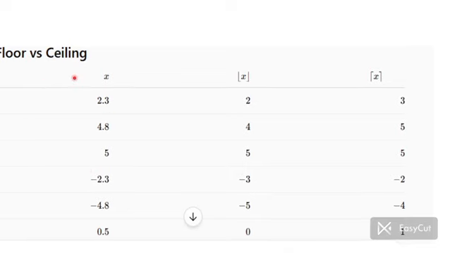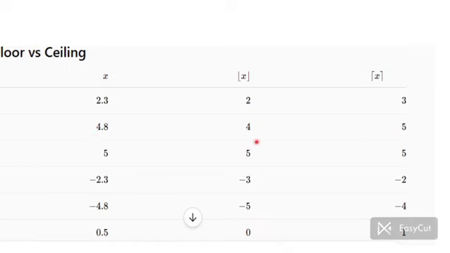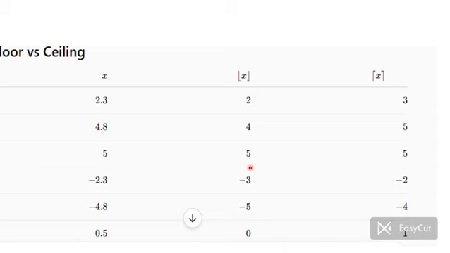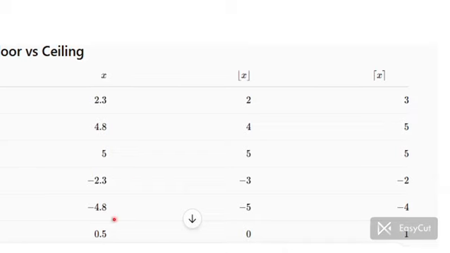Here, floor versus ceiling: for 2.3, the floor value is 2 and the ceiling value is 3. For 4.2, the floor value is 4 and the ceiling value is 5. At the point 5, the floor value is 5 and the ceiling value is also 5. You can observe all values.